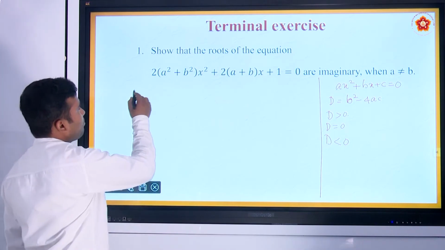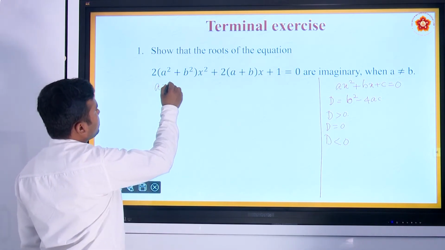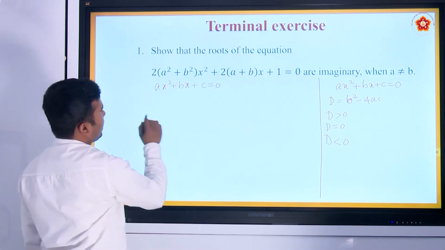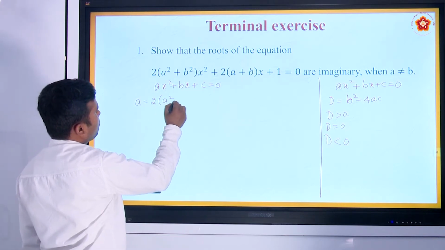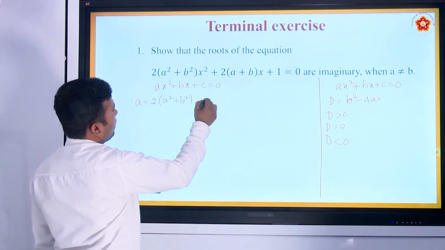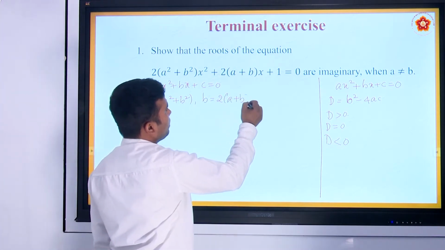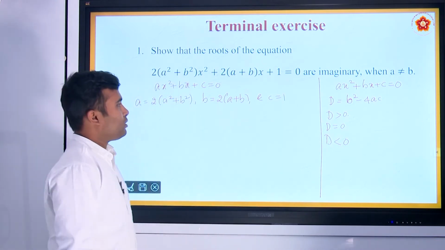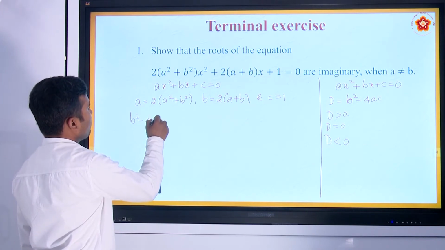So here, you can compare this with ax square plus bx plus c is equal to 0, where a is 2 times a square plus b square, b is 2 times a plus b, and c is equal to 1. So let us take b square minus 4ac.